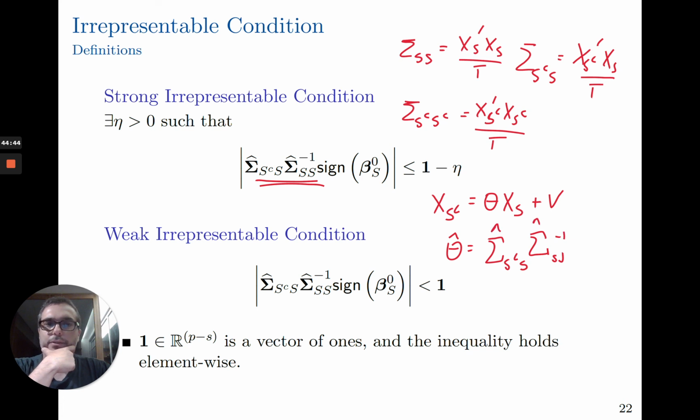There's a hat over here, right? See that we are using sample counterparts. So this is exactly the OLS coefficient of a regression of the irrelevant variables on the relevant ones. And basically what we are saying is that all these coefficients should be very, very small. So what does it mean to have an OLS estimator coefficient that's very, very small? That we are bounding the correlation among the irrelevant variables and the relevant ones.